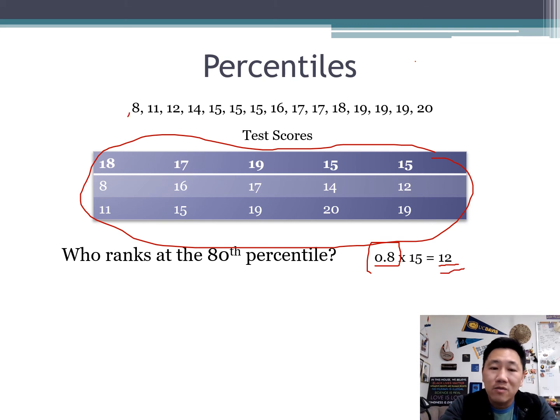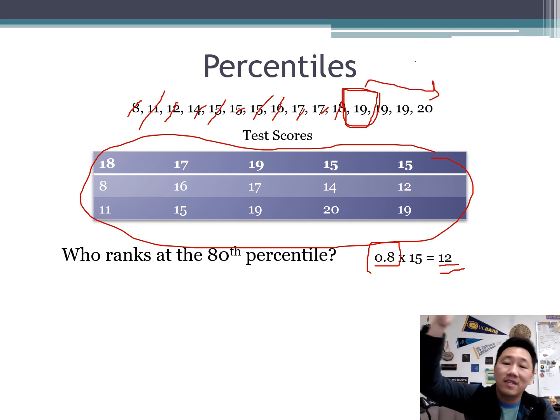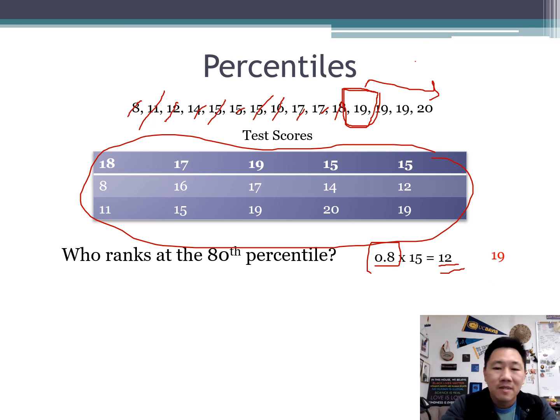So if you count 1 from the bottom, 2, 3, 4, 5, 6, 7, 8, 9, 10, 11, 12. And so this person who scored 19 is in the 80th percentile, and anything above is above the 80th percentile.